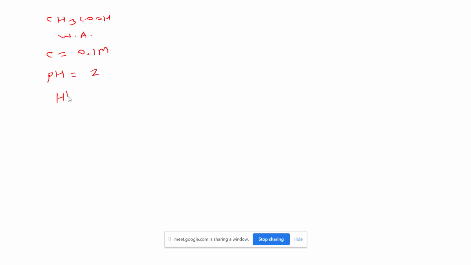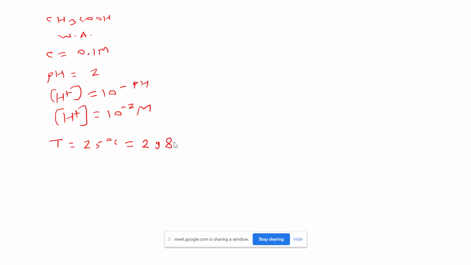So H plus ion concentration will be 10 raised to power minus pH, and here we get 10 raised to power minus 2 molar. So this is the H plus concentration for this solution.